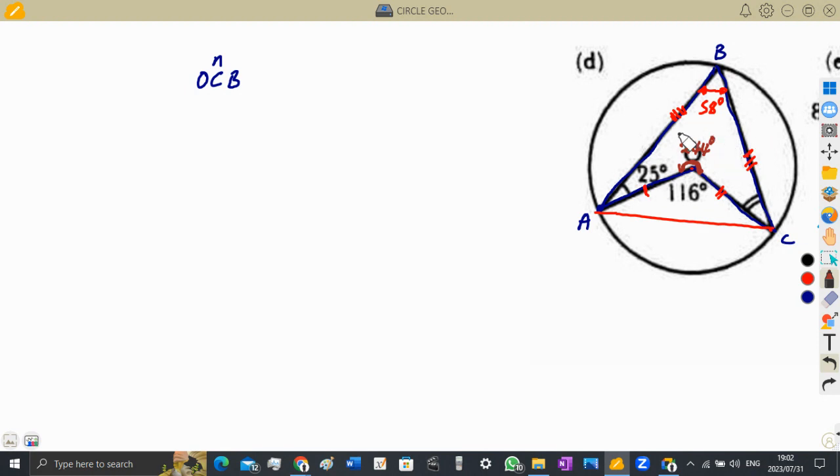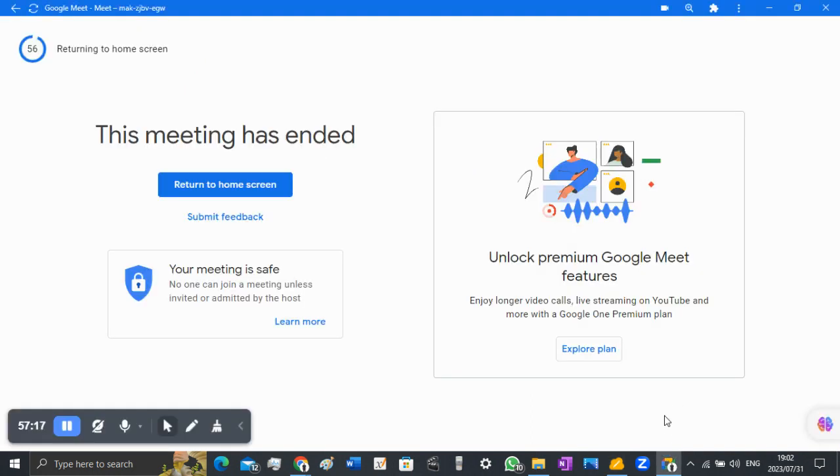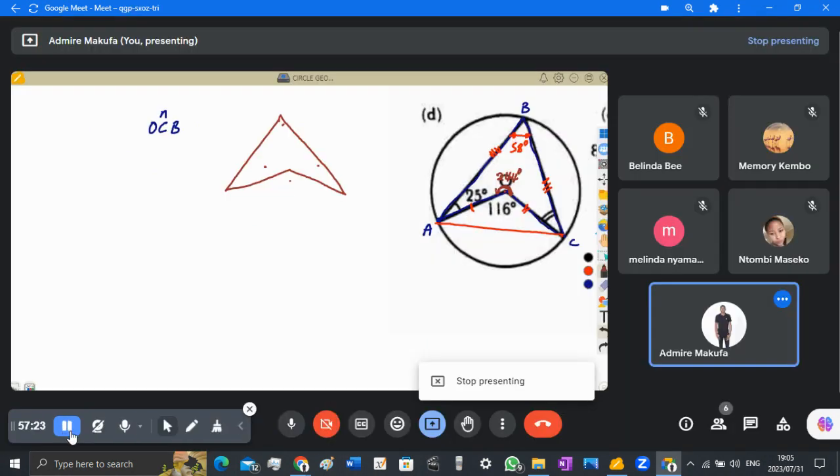But we are saying angles in a quadrilateral, no matter how you see the shape, how it looks like, as long as it has got four sides, it means the angles must give us what? Must give us 360 degrees there.